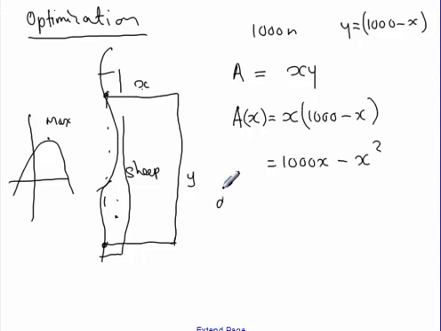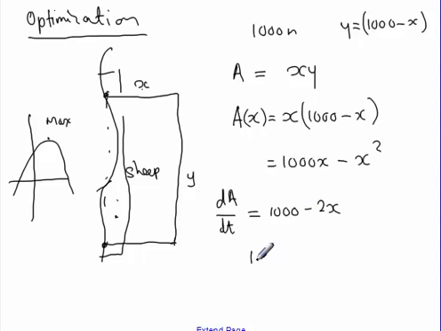So what do you do? dA/dx. So this is a different dA, okay? Equals 1000 minus 2x. So I want to see where this is going to be 0.